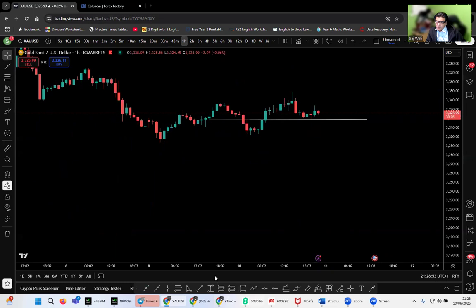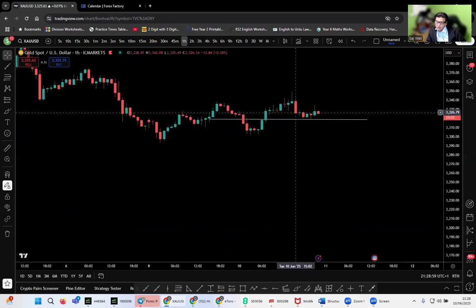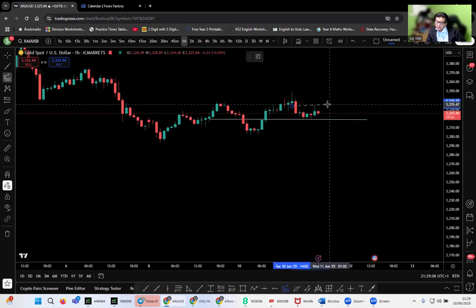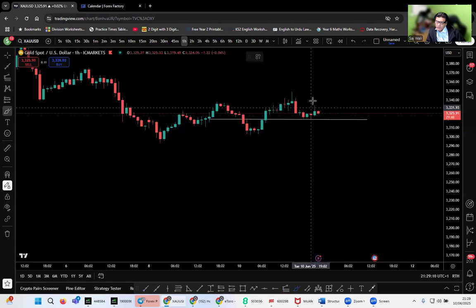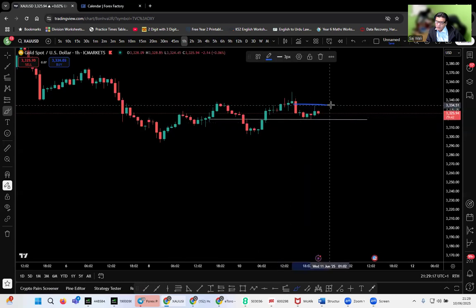The market came down, and in 4H we had this fair value gap, and in 1H the market went to the upside to fill up this fair value gap, and because there was a 4H level here as well, the market went from there to here.